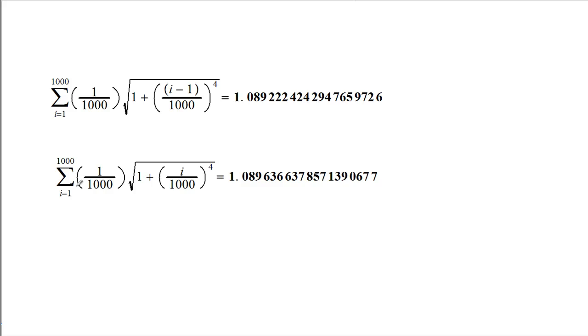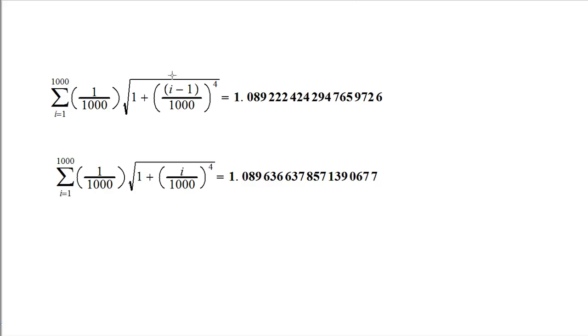And if I look at 1000 rectangles, here are the lower sums, with the altitude determined by the left end point. So this value is lower than this value. And if we look further, you can see that they're converging.